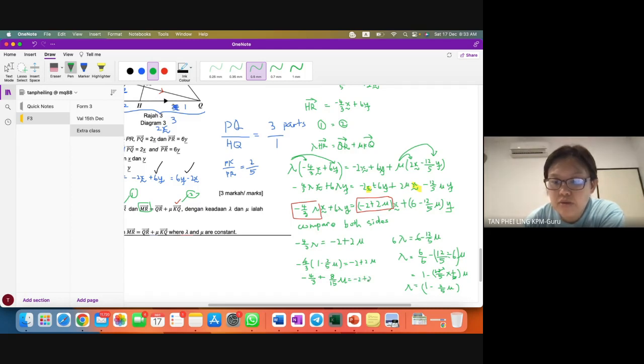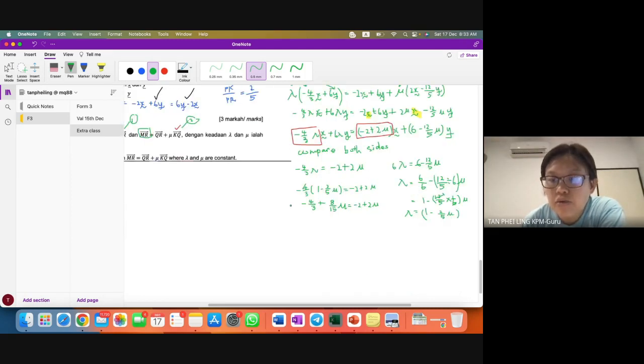So group all the mu together, group all the numbers together. I prefer to bring this here lah, easier. Okay, so I will have 2 mu minus 8/15 mu, then here will be minus 4/3 plus 2.